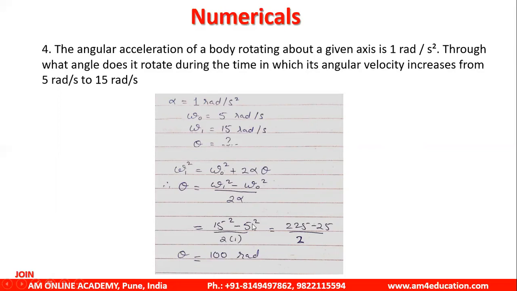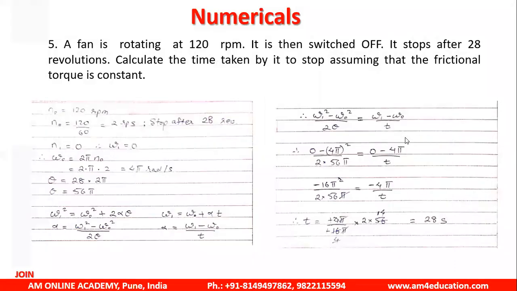That is 15 square minus 5 square upon 2 into 1. So on calculating, we are getting theta equals 100 radians. This means that when the speed is changing from 5 radian per second to 15 radian per second, during this time, the body covers 100 radians. Okay, so this is the problem. Now let us move further.